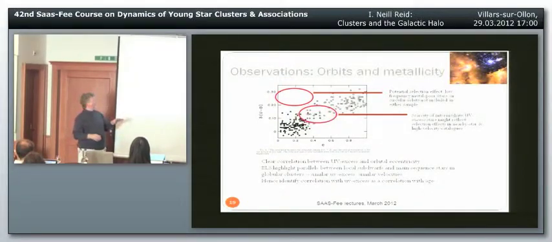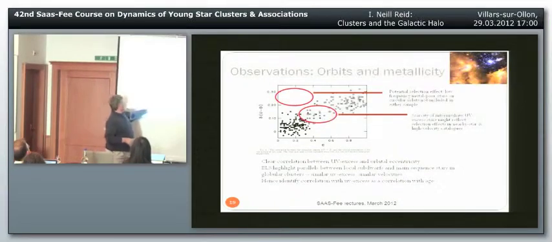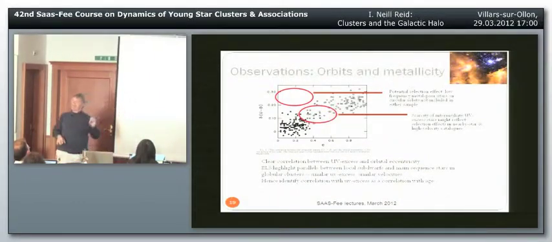So they drew the connection saying that metal poor means old. Then taking that big step, they said that the correlation between ultraviolet excess and eccentricity was actually a correlation between age and eccentricity. Old stars were in highly eccentric orbits.